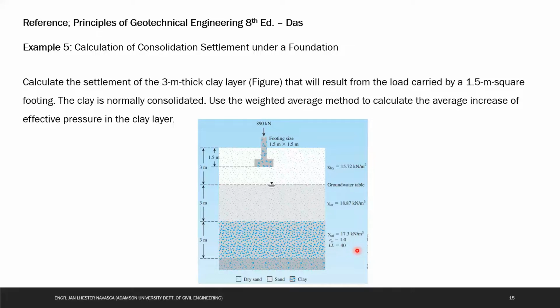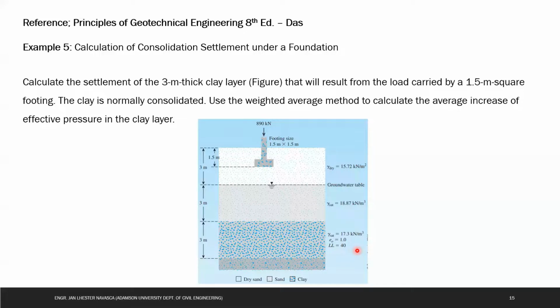Using the weighted average method, if you recall your geotechnical engineering, when you tackle the settlement under a foundation, you can use the concept of the Boussinesq equation in order to find the stress at a specific depth.